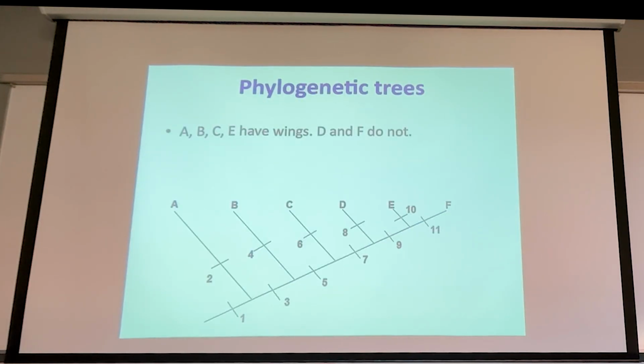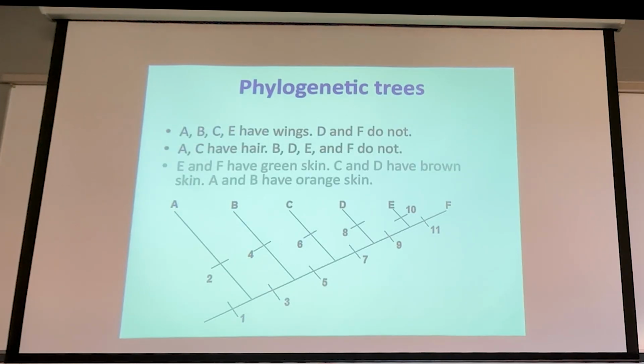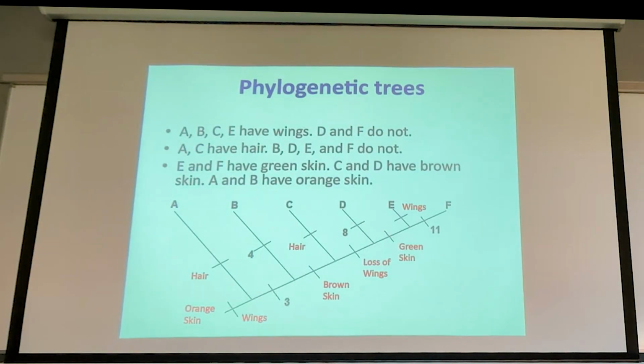Also, I've given you an example of how you could do a phylogenetic tree using traits like wings and color and hair. And then I've given you the answers for that. So what I would do is look at it and try to do it yourself and then compare it to the answer slide. This is a really poor phylogenetic tree because we have a lot of convergence here, right?